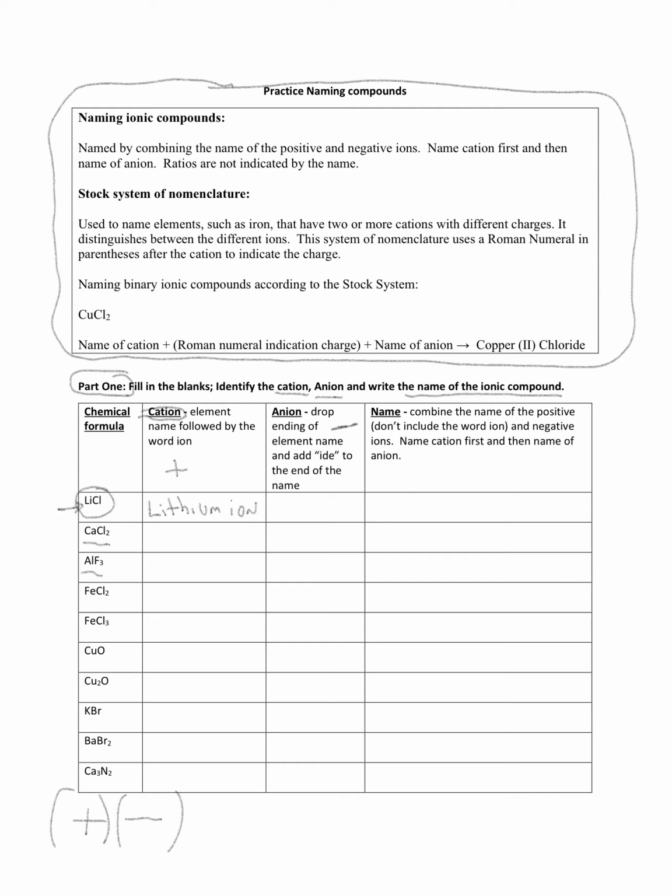And then when we use the name to just name the ion, we put the word ion after it. So the anion, Cl, is chlorine. But I'm going to drop the ending of the element name, and add IDE to the end of the name. So instead of being chlorine, it's going to be chloride ion.